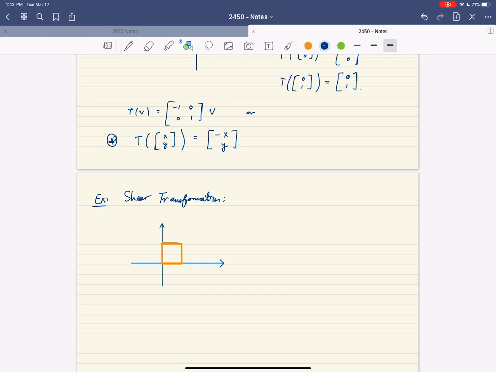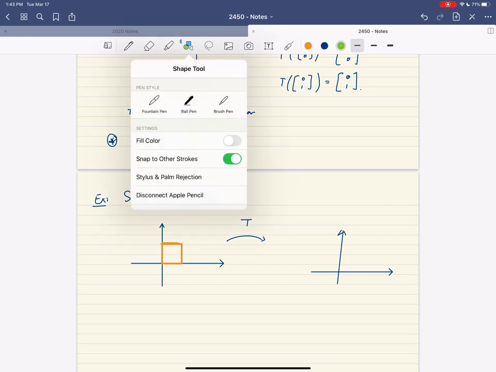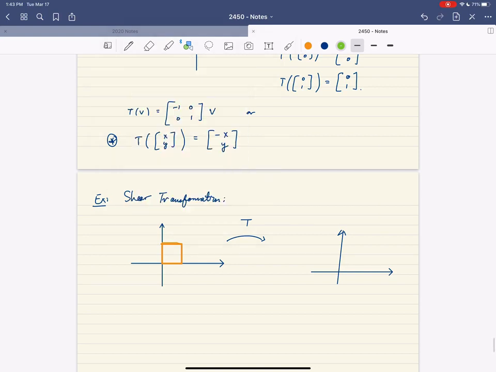And the shear transformation, after you apply this transformation T, is going to take this object and stretch it just horizontally, but only horizontally.